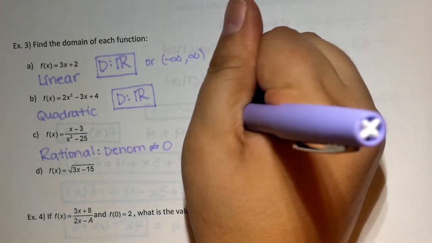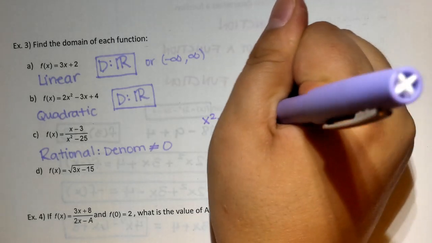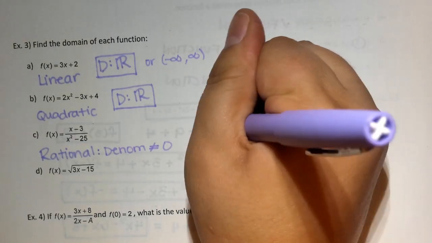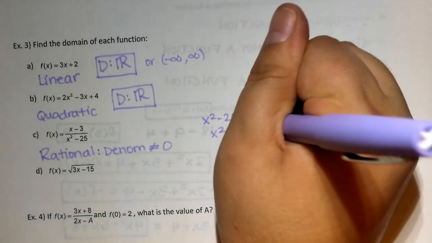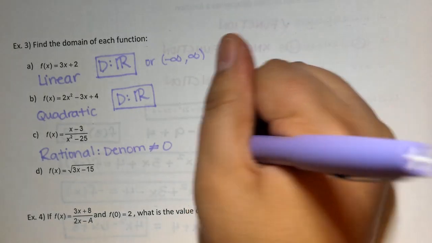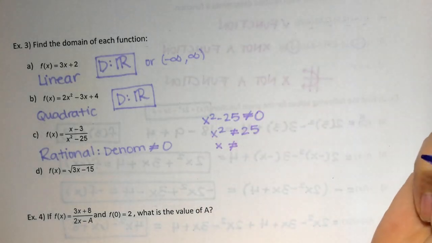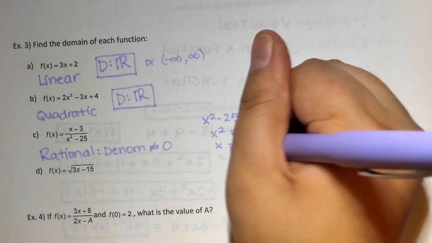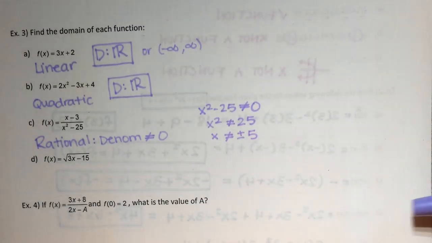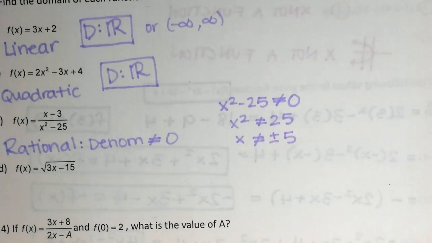So x squared minus 25 cannot equal 0, which means x squared cannot equal 25, which means x cannot equal plus or minus 5. Does that make sense?